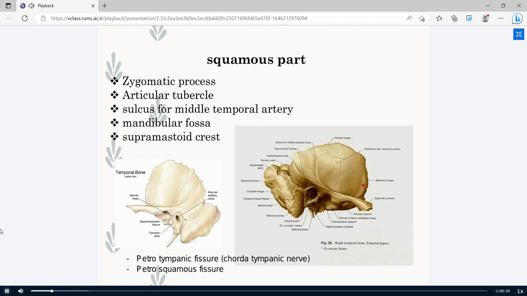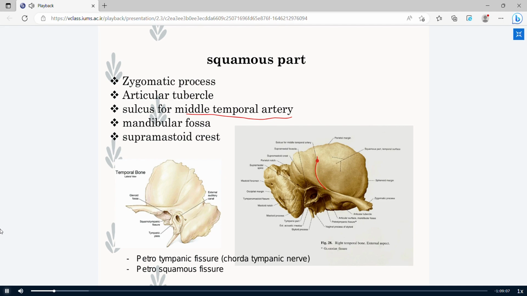In this slide, you can see the outer surface of the squamous part, and on the outer surface there is a vertical sulcus for passing the middle temporal artery.